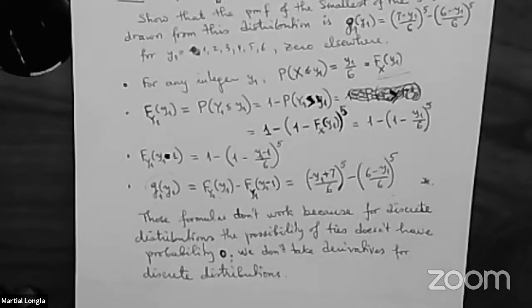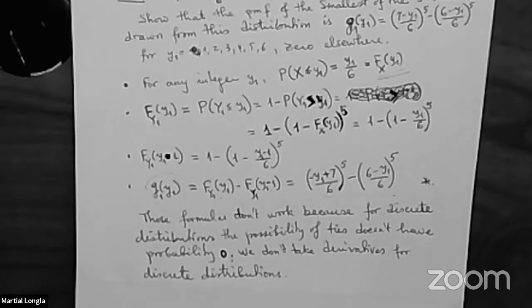But for continuous distributions, it is 0. Okay? That's the reason why those formulas that you have there cannot work in this case. Any questions on this? When you're using those formulas, always remember that they have to do only with continuous distributions.